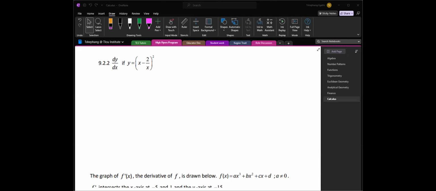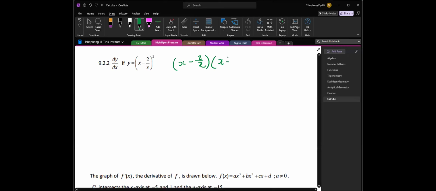What you need to do is you need to remember that the 2 tells you about 2 brackets. And let's have those 2 brackets. We are going to have (x minus 2 over x) and (x minus 2 over x). That's what the squared is going to stand for.